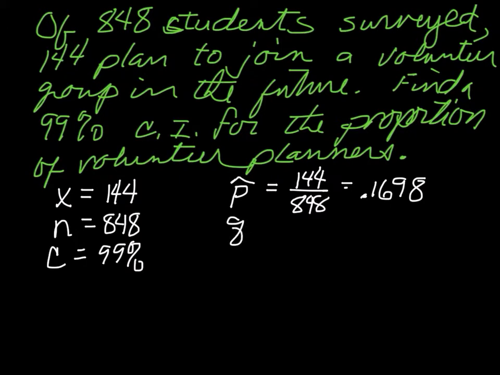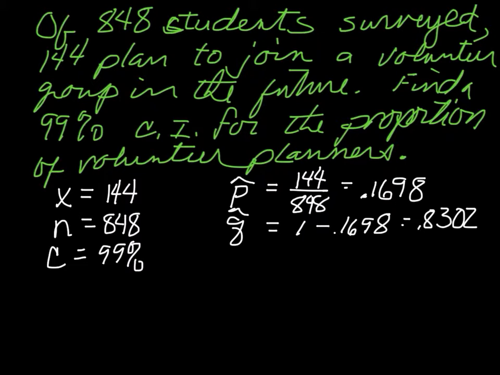From this, we can find Q hat, which is equal to 1 minus 0.1698, which is equal to 0.8302. And that's the Q hat that we'll need later in the problem. So now we have everything that we need.